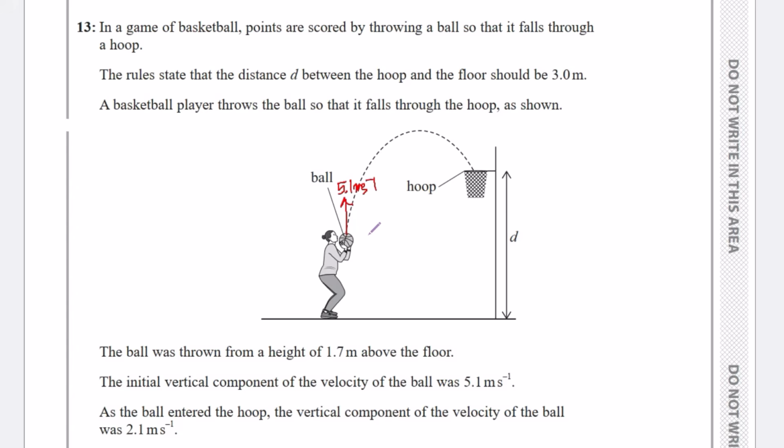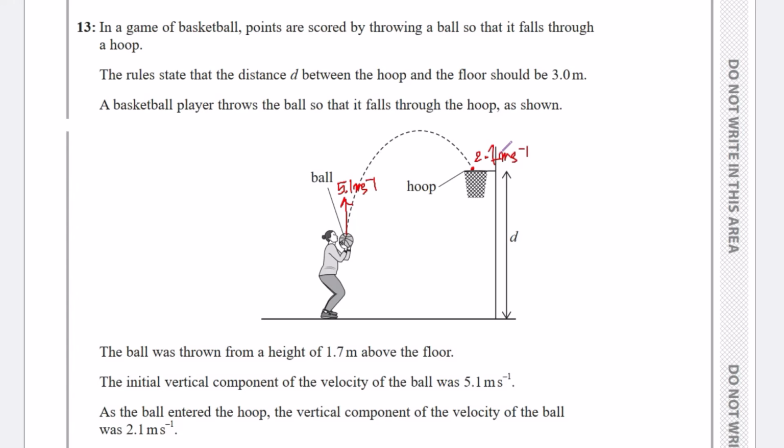As the ball entered the hoop, the vertical component of the velocity of the ball was 2.1 over here. So over here, the vertical velocity was 2.1 meter per second. And for this part of the motion, you can think of this as the initial velocity and this one as the final velocity.